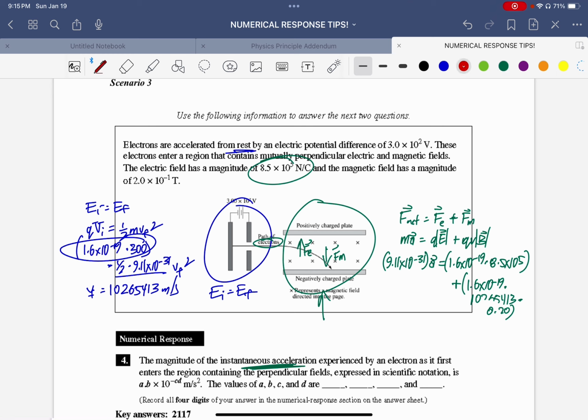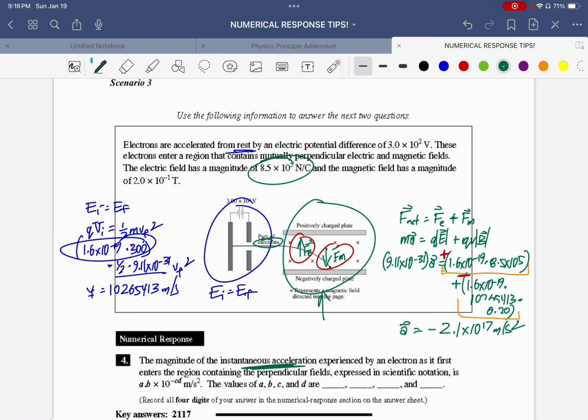This electric force is positive because it's upwards, but the magnetic force is negative because it's acting downwards. So what we want to do here now is solve for this positive number, solve for this, subtract it because it's positive electric force, negative magnetic force, get that number on the right-hand side, and then divide by 9.11. Do that, we get a value of negative 2.1 times 10 to the positive 17 meters per second squared.